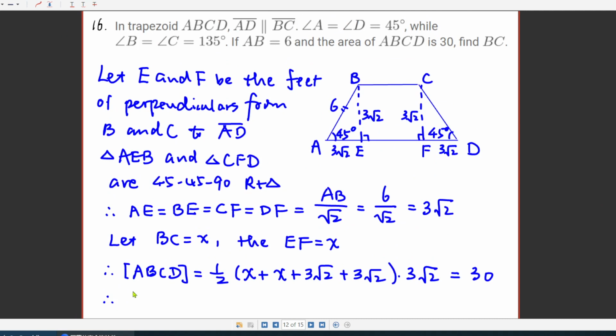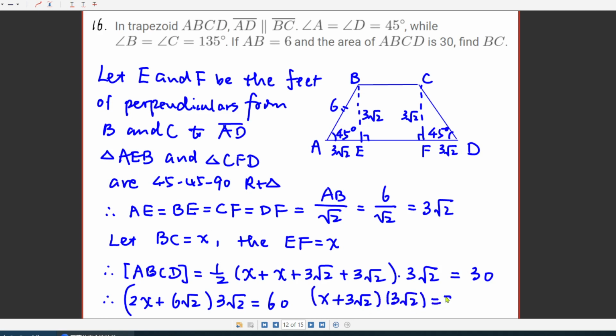which is 2x plus 6 square root 2, times 3 square root 2, equals 60, right? And then we have 6 x plus 3 square root 2 times 3 square root 2 equals 30.